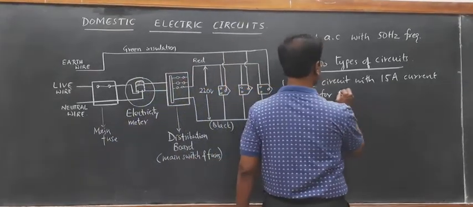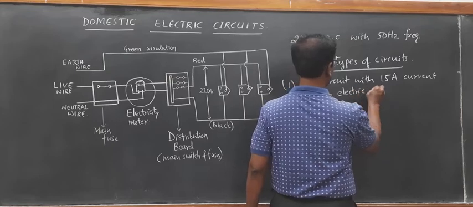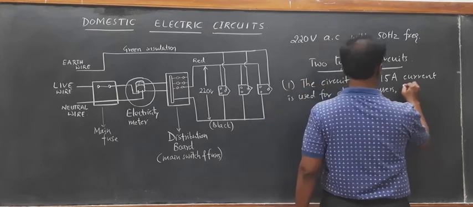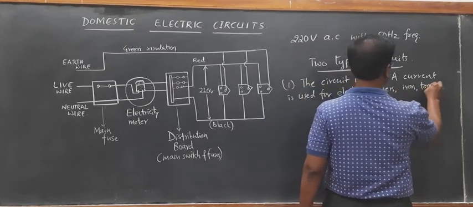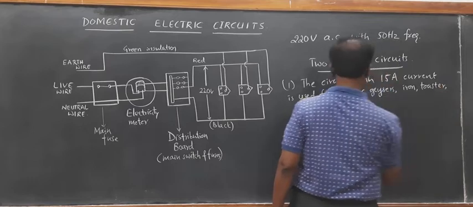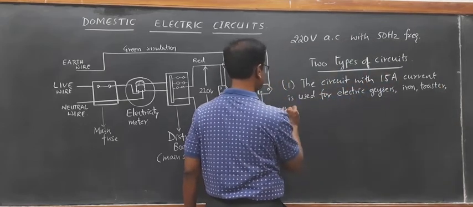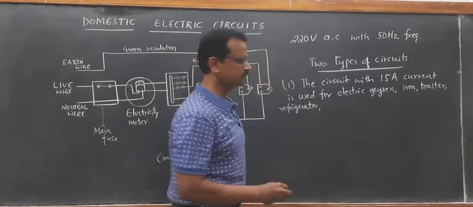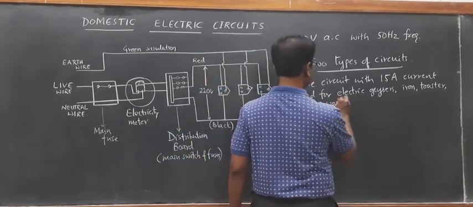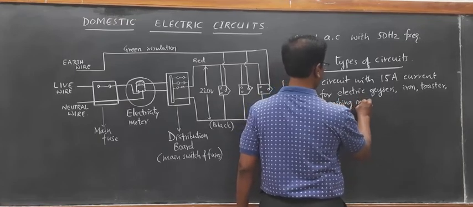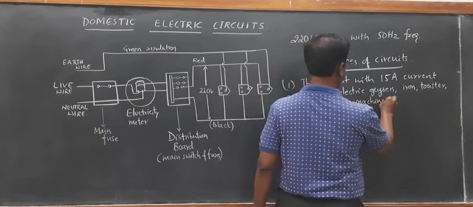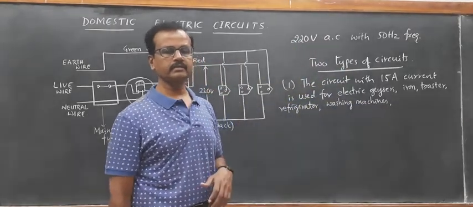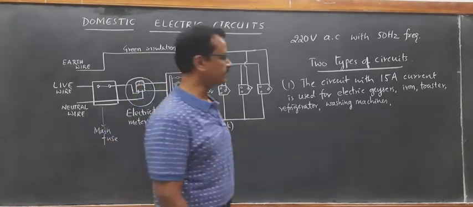It is used for electric geyser, iron, toasters, refrigerator, washing machines, and in the kitchen we have the electric oven and mixer grinder.